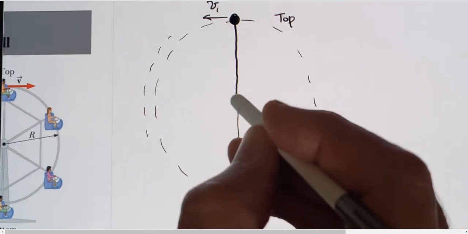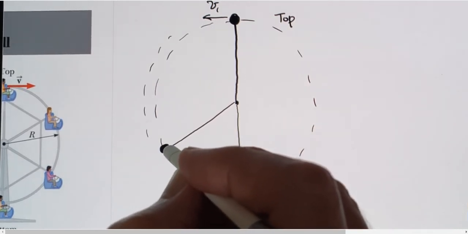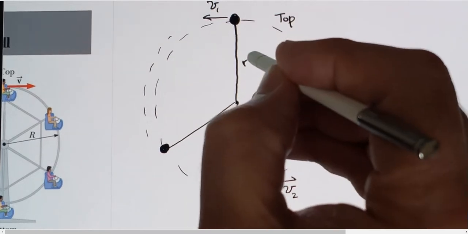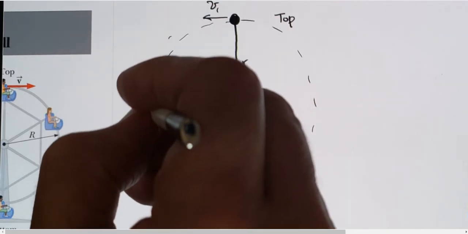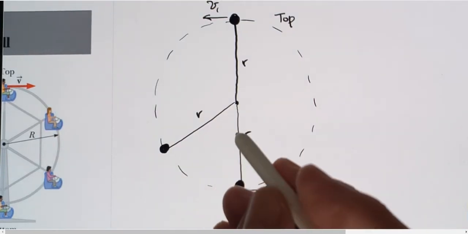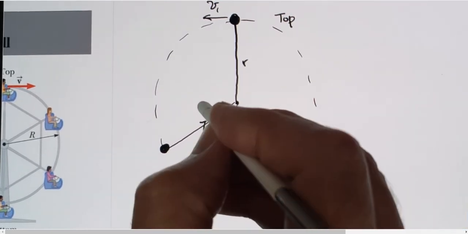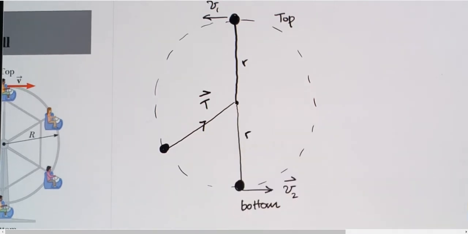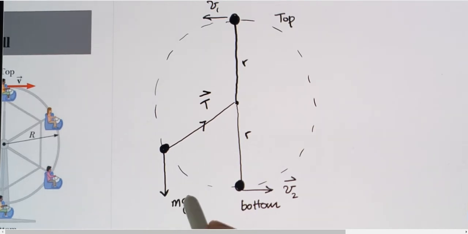And now let's talk about the general case. So this is R, and this is R. So what are the forces here? Well, we have tension, and the tension is keeping the ball going into a circular motion. And now we have mg, that's the gravitational force.